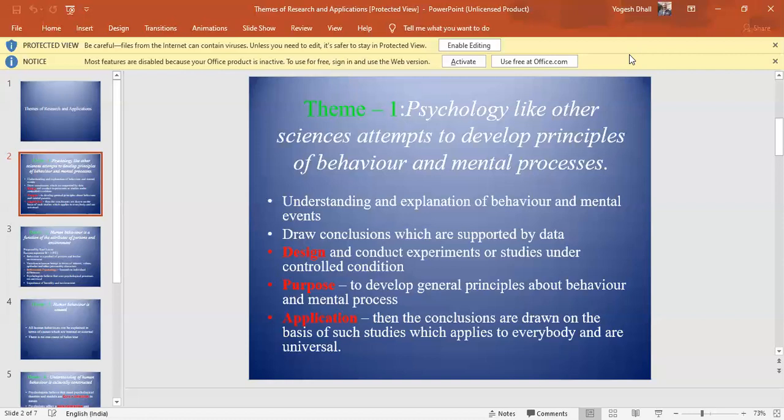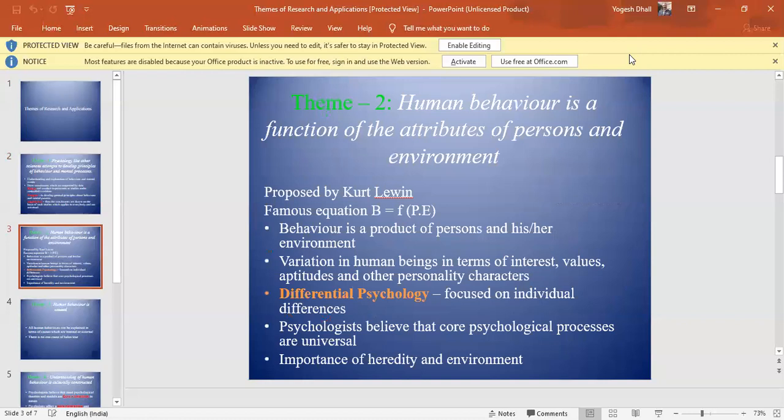Okay, now switch on to the next theme. That is theme number 2. Human behavior is a function of the attributes of persons and environment.